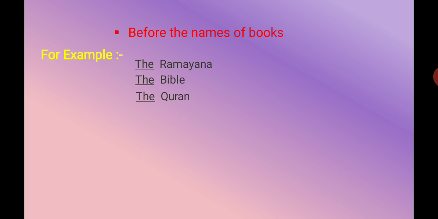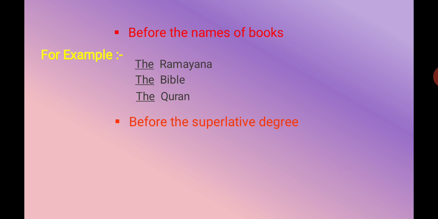Holy books are religious books. What is the name of the holy book of Hindus? The Ramayana. The Bible, the Quran are also holy books. So we can use the before them.